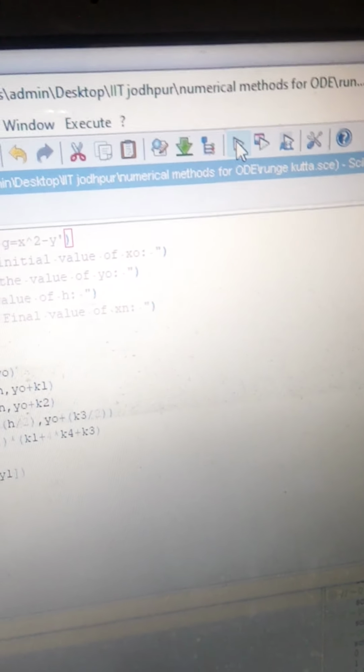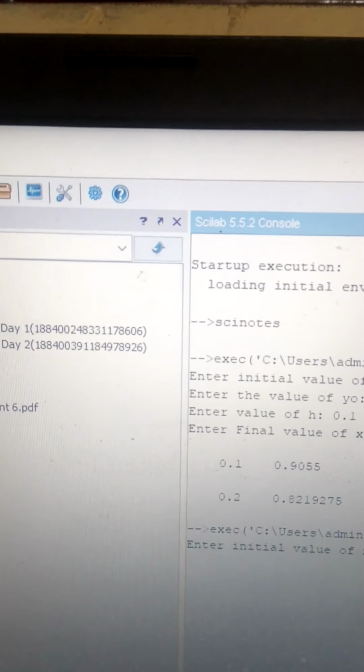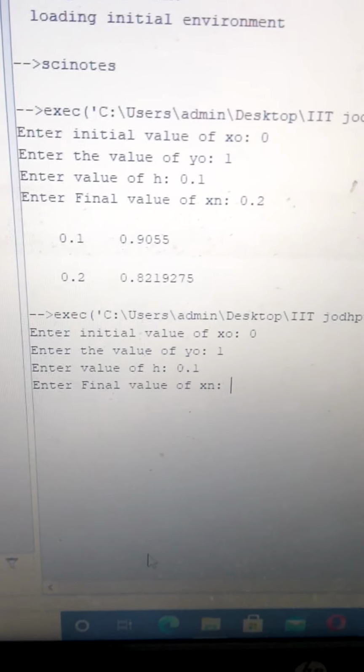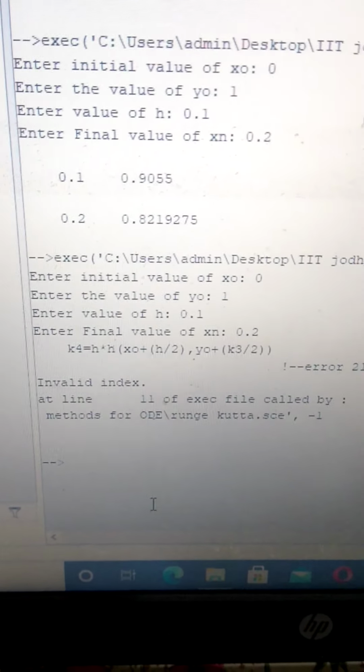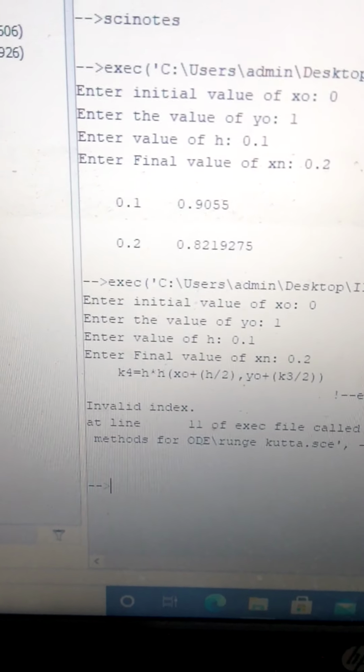Now run. Click on this run button and execute. Now here, for the third order Runge-Kutta method, what is it asking in the input? What is our x naught? It's 0, and our x1 is 1. Okay, and h is 0.1. And we have calculated up to 0.2. So again write 0.2. So it's showing an error. Let us see what's the error.